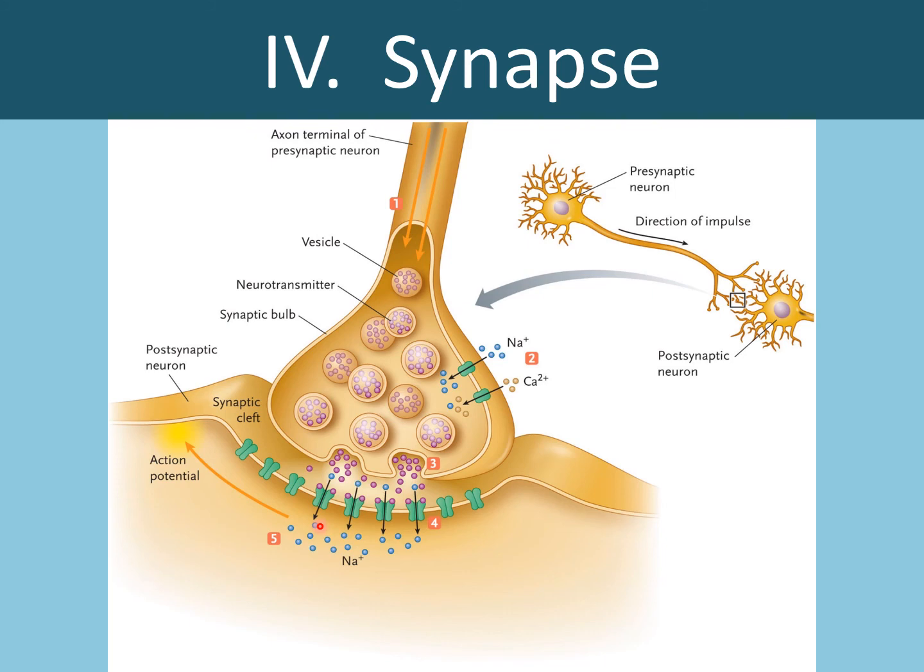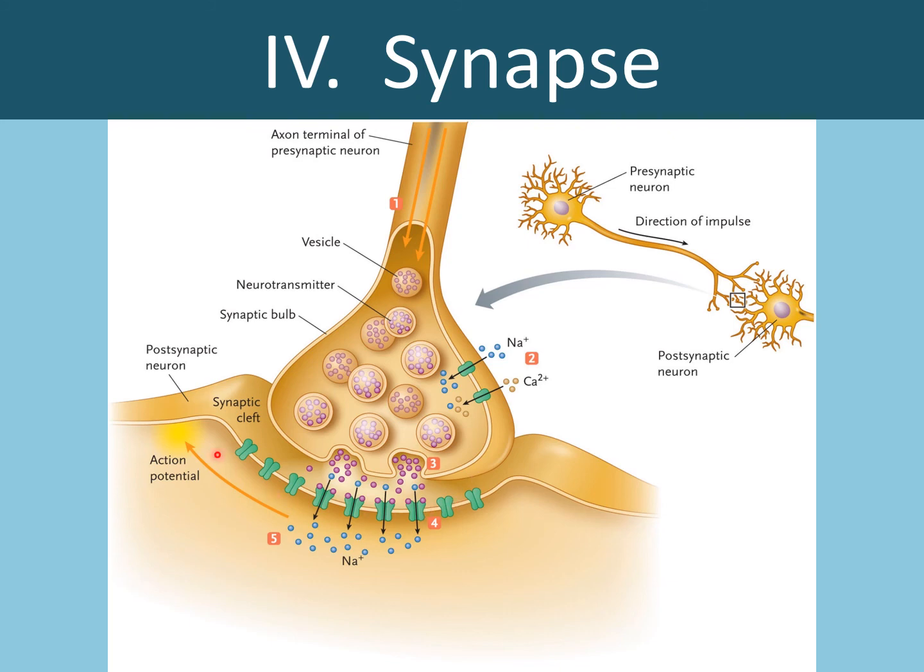And they open, instead of responding to a change in voltage, they respond when a chemical molecule binds to them. In this case, these are chemically gated sodium channels. And when a neurotransmitter binds to them, they open and allow sodium to rush in and flow into the target cell.